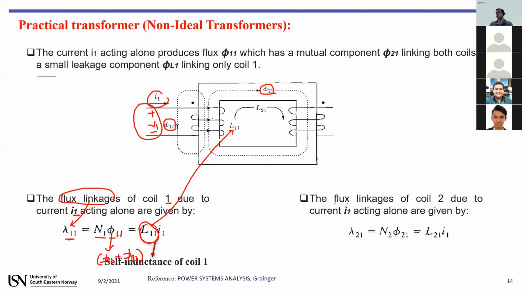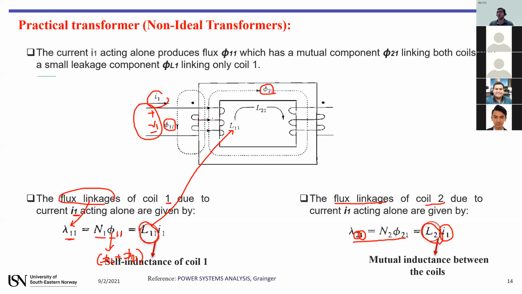So we have the flux linkage for coil 2 because the flux passes the other winding as well. For coil 2, we can write this expression: lambda 2 1. That means the linkage flux that passes through winding 2 because of current in winding 1 will be L21, that is the mutual inductance, times the current I1.